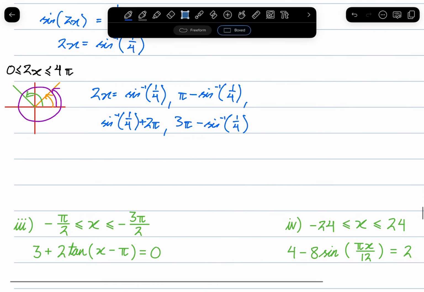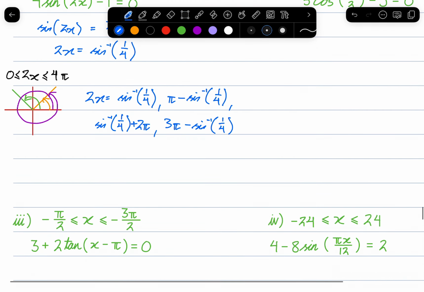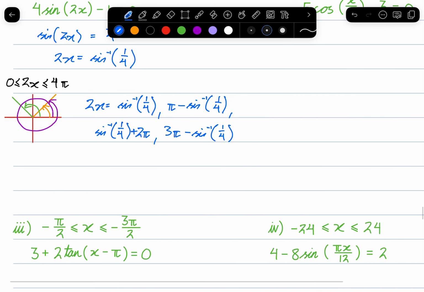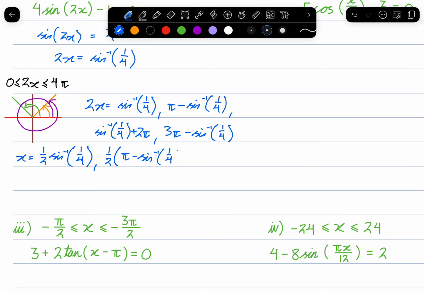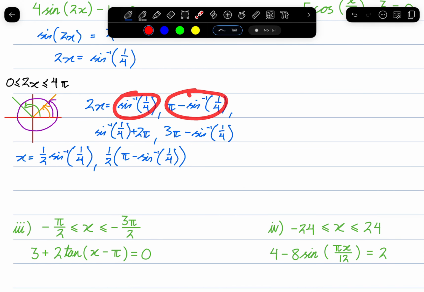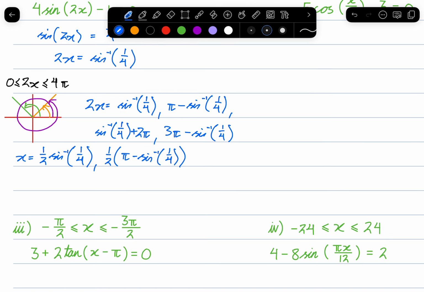From here now, we're going to divide everything by 2. So x equals half sine inverse of 1/4, half times pi minus sine inverse of 1/4. So I'm just taking half of each of these because I want x on its own.